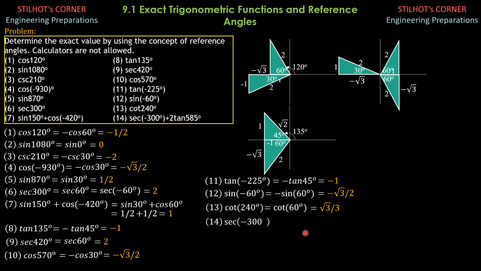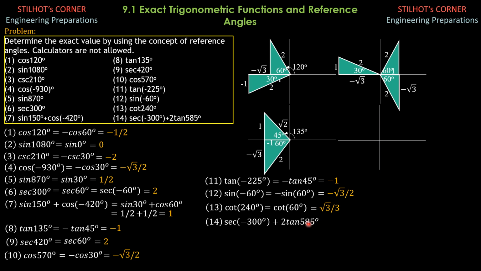So let's have another drawing. Again, it's like this one, the terminal side of negative 300 degrees. So 1, square root of 3 because it is in the first quadrant, and this is 2, that's 60 degrees, the reference angle for negative 300 degrees.